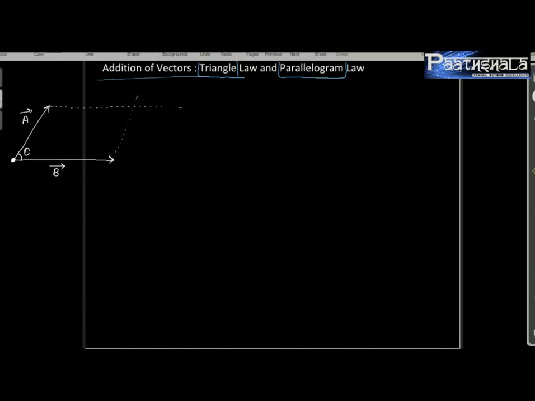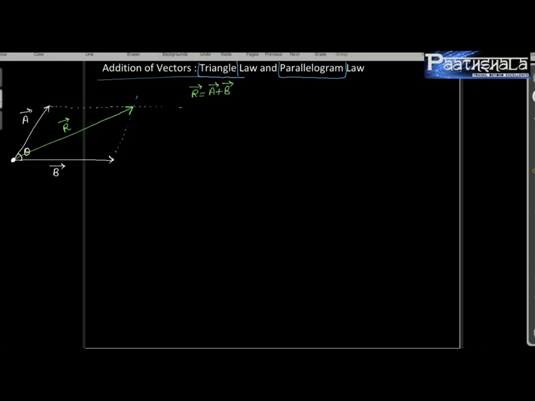The resultant of these two vectors is given by the diagonal of the parallelogram. This resultant is the R vector. R vector is written as A bar plus B bar.